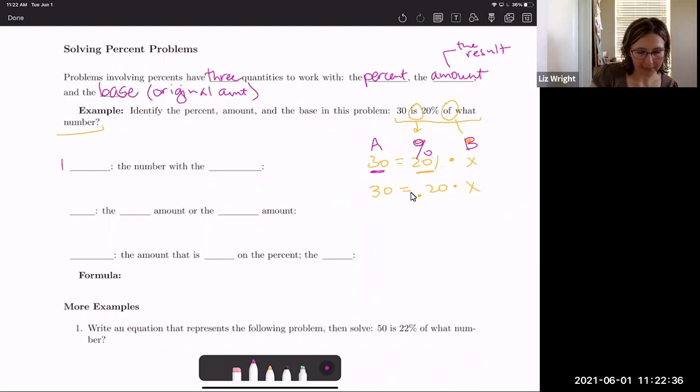So the percent is the number with a percent symbol. That one's the easy one. So it's 20%, and then we're going to change that into 0.20.